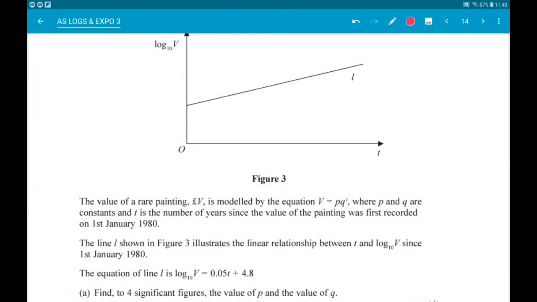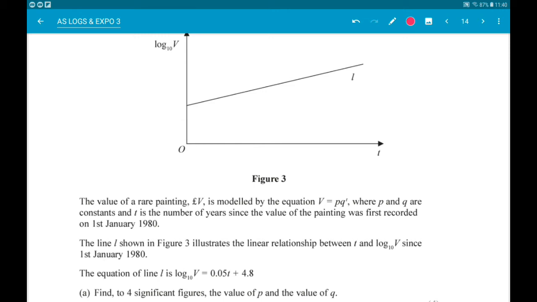Okay then, number 7. The value of a rare painting is modelled by the equation V equals P Q to the T, where P and Q are constants, and T is the number of years after the value of the painting was first recorded on the 1st of January 1980.